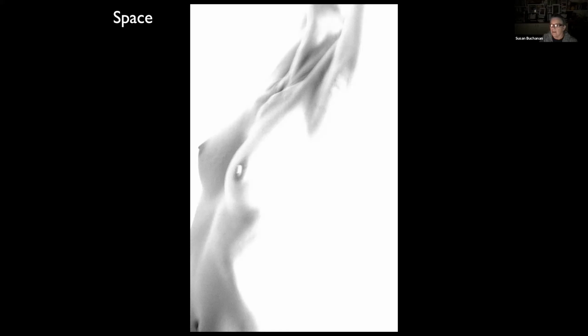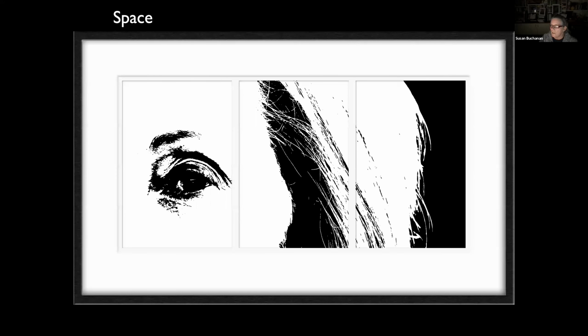I think it's a very tactile image, but that space is so important to how the image is appreciated. And this one, where I've broken the one image into different sections in order to create space between them.